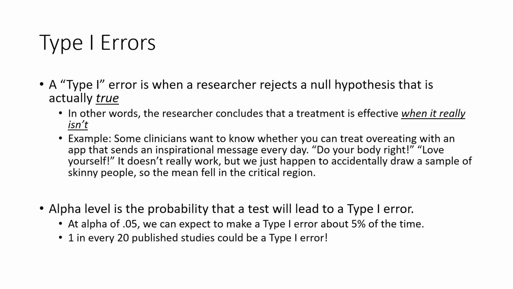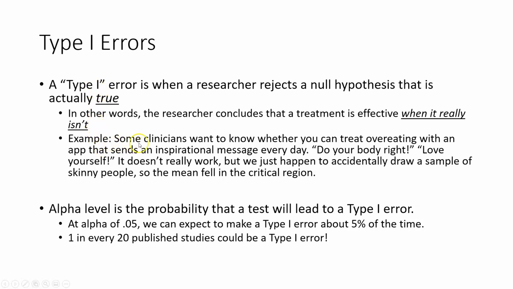But sometimes we might be deluded into thinking that it worked when it really didn't, and we just happened by chance, by bad luck, to grab a sample of people who were really good at math. And we think that the reason why our sample scored so highly is because the treatment, the electrical stimulation, made them perform highly. But really, we just got bad luck. We just found a group of people who were good at math. So if that happens, that's called a type 1 error.